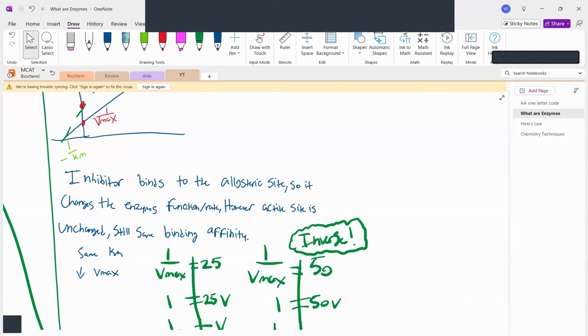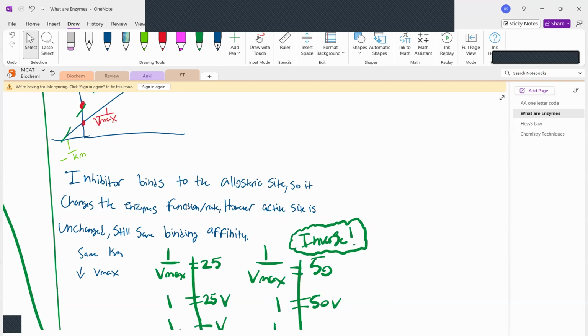It can't reach it. So it's like a runner, right? It's like when you're running the mile. Let's say you both have the same first lap, so think about that as your Km. But if someone has better endurance, and the other person was more or less a sprinter, they were running as fast as they could.